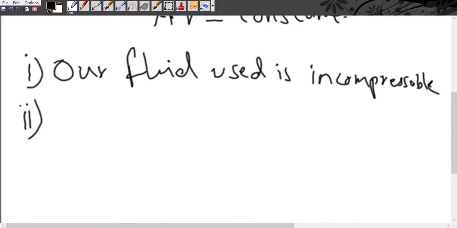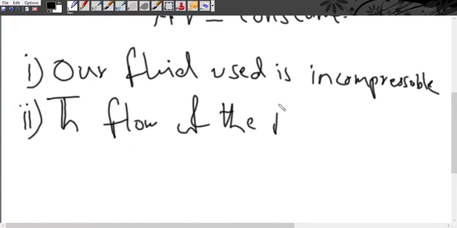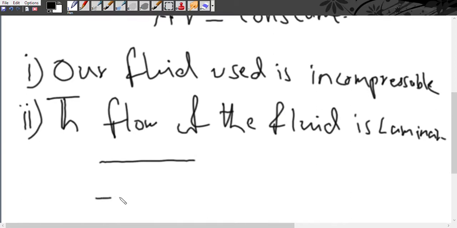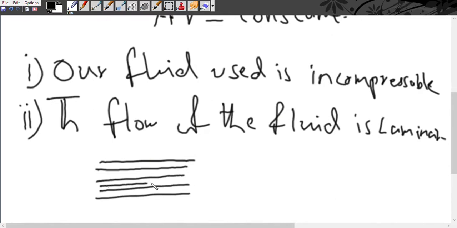And the second is the flow of the fluid is laminar. I hope you know the turbulent flow and laminar flow. The laminar flow is smooth flow, like this one. The fluid flows without any disturbance.